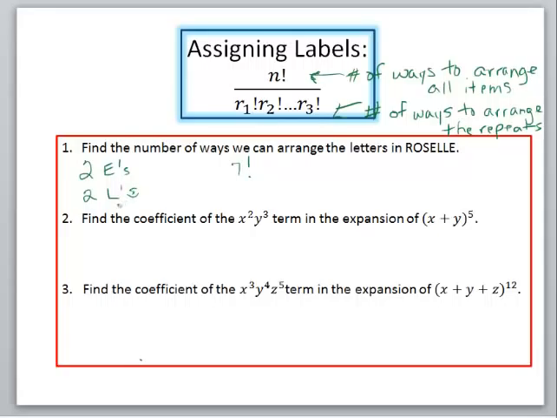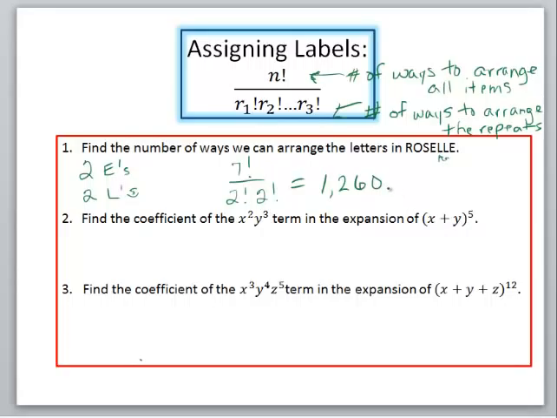Well, I won't be able to tell the difference between the L's or the E's. So then I'm going to divide this by 2 factorial times 2 factorial. This gives me a total of 1,260 different arrangements of these letters. And it excludes, if for instance I had just switched these 2 L's around, it excludes that option.